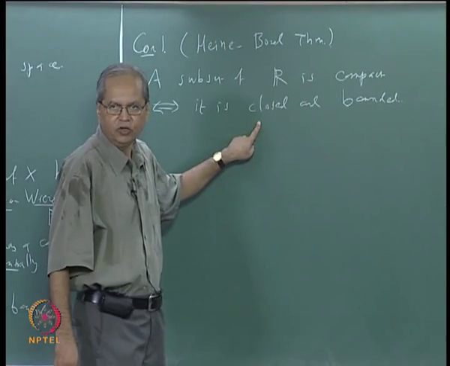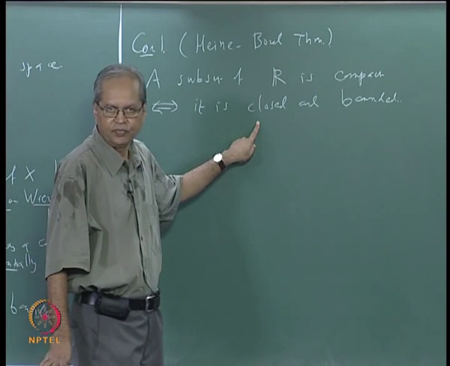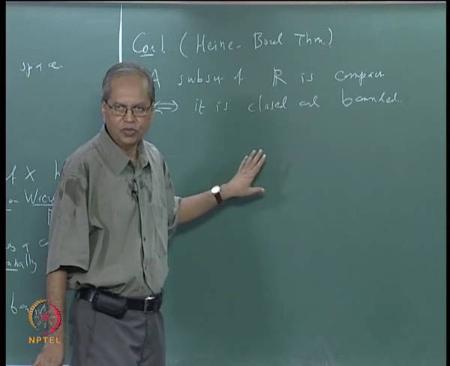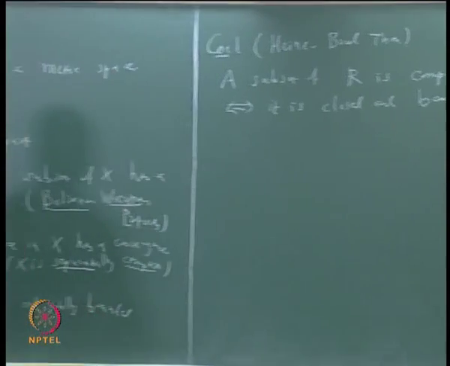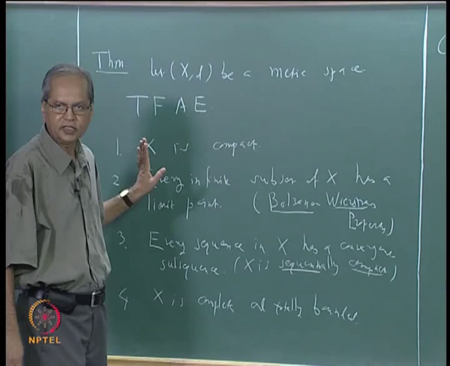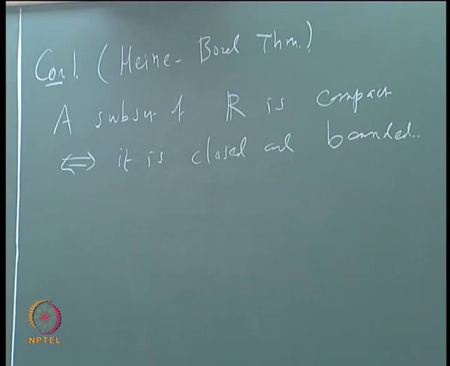And we have also shown that in R every bounded set is totally bounded. So if a set is closed and bounded, then it is complete and totally bounded. That is this last statement. If X is complete and totally bounded, 4 implies 1 will say that X is compact. So if we prove this theorem, that will follow.